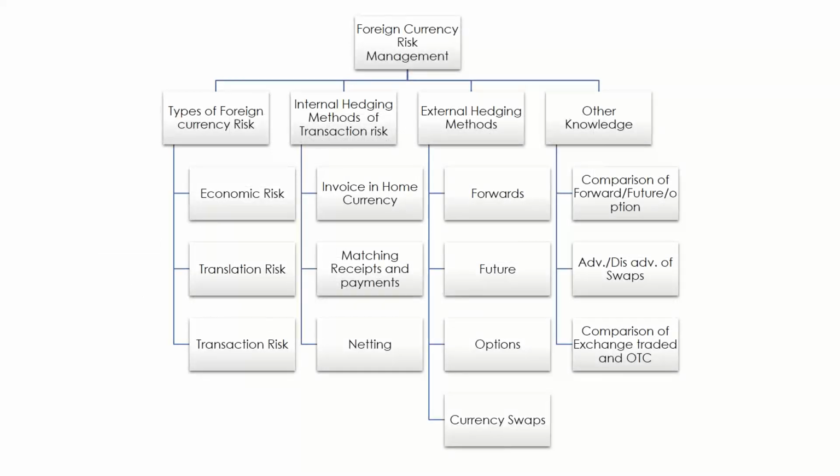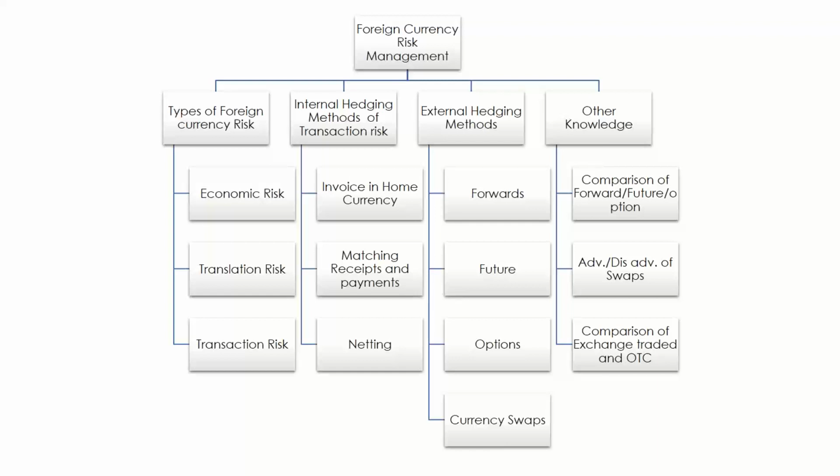This topic includes types of foreign currency risk: economic risk, translation risk, and transaction risk. You should know the difference between the economic risk, translation risk, and transaction risk. Examiner often asks the economic risk, especially, and may ask the translation risk as well.